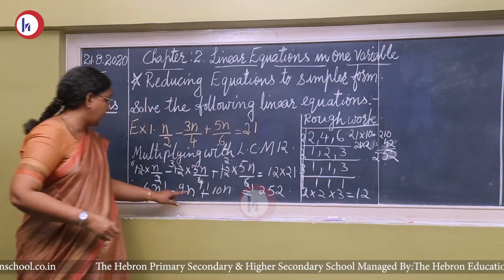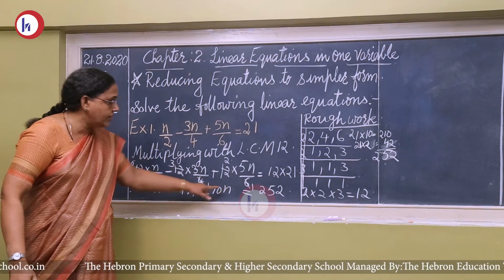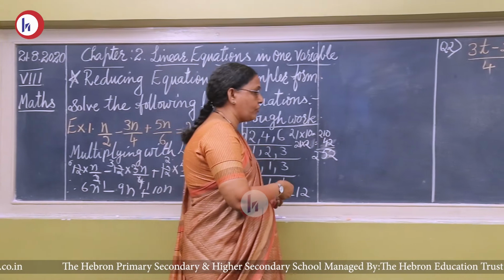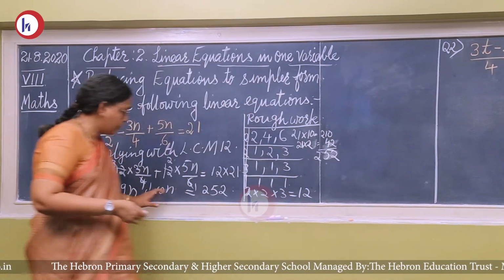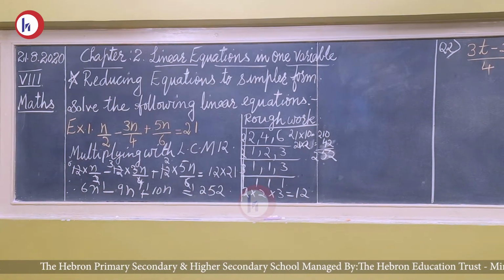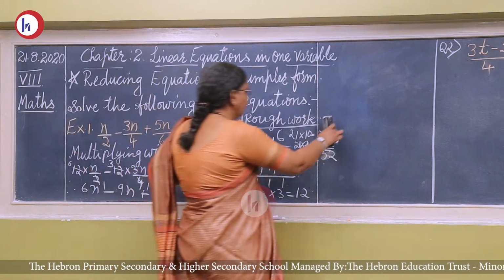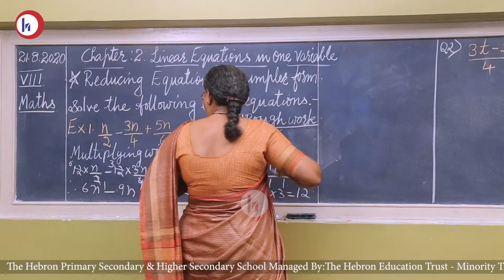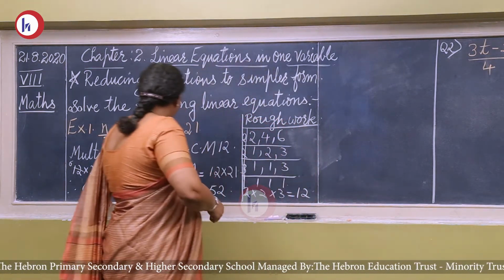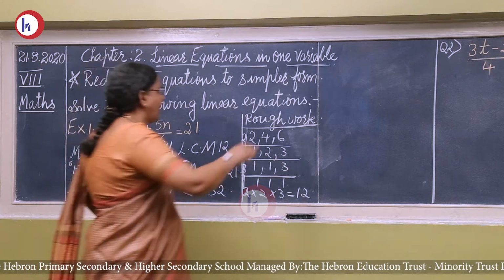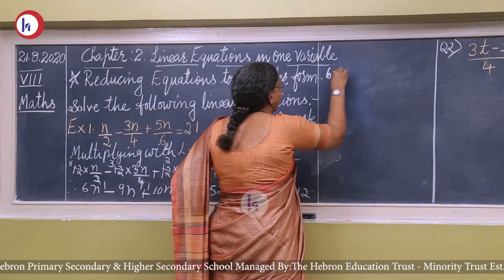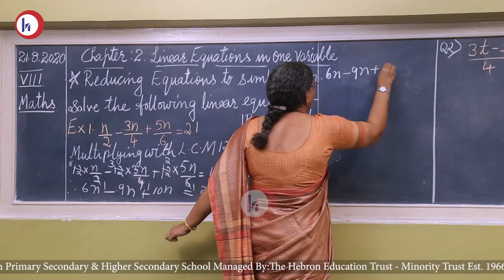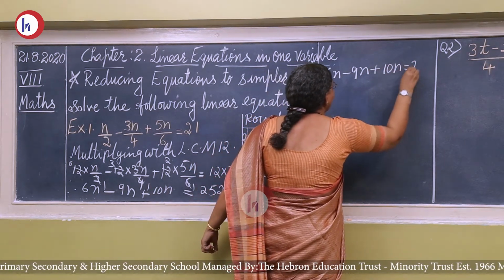Now you can see that this form is known as a linear equation, and we have already learned how to solve it. So we write 6n minus 9n plus 10n is equal to 252.